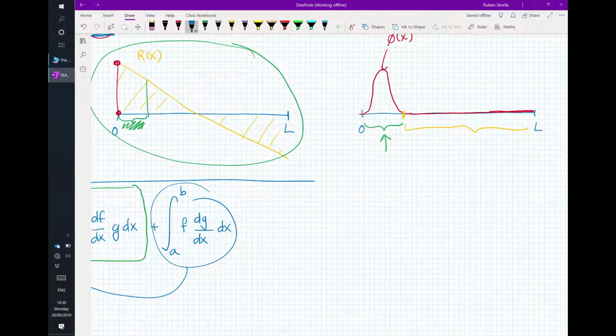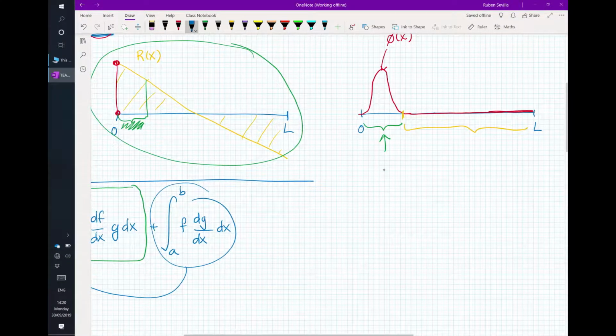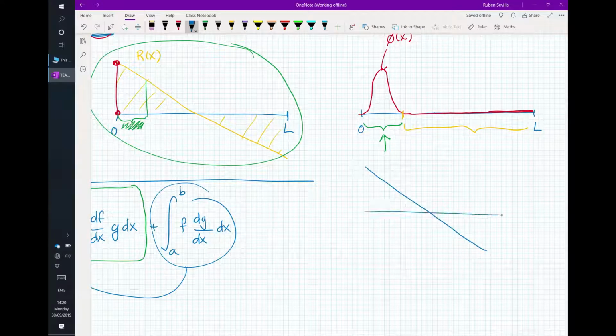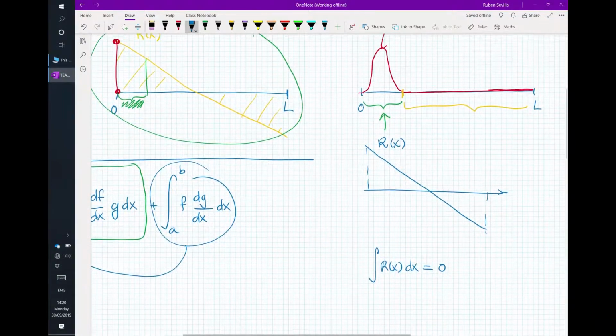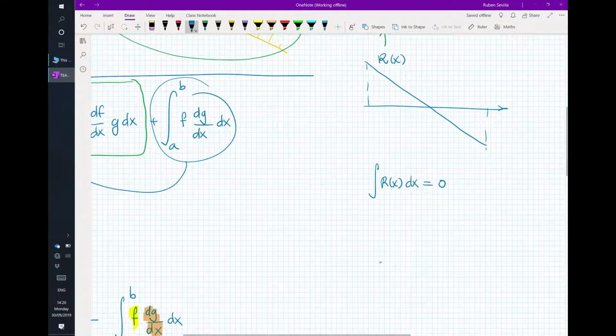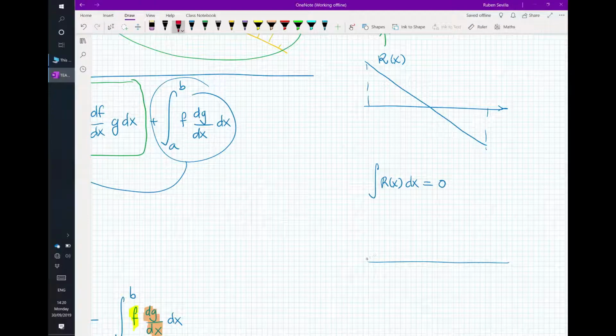Right. Let's show it. If you have this residual, do you agree with me that the residual, if you integrate it on average, is 0? Okay? But if I plot the product of the residual with this little mountain, you're going to have something like this.